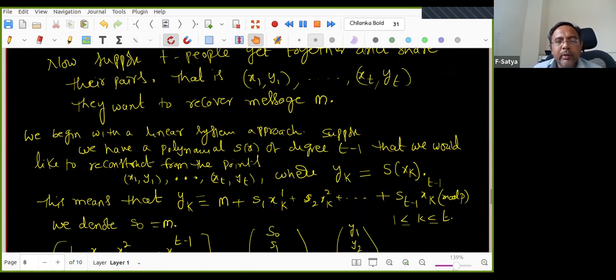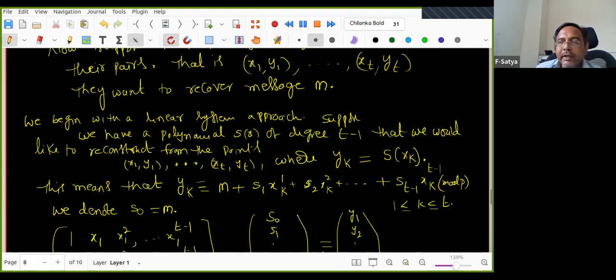The participants do not know the polynomial and do not know m. But they know p, and they know that these points satisfy a polynomial of degree t minus 1. If you have t points, then there is a unique polynomial of degree t minus 1. These points pass through only a single polynomial of degree t minus 1, right?